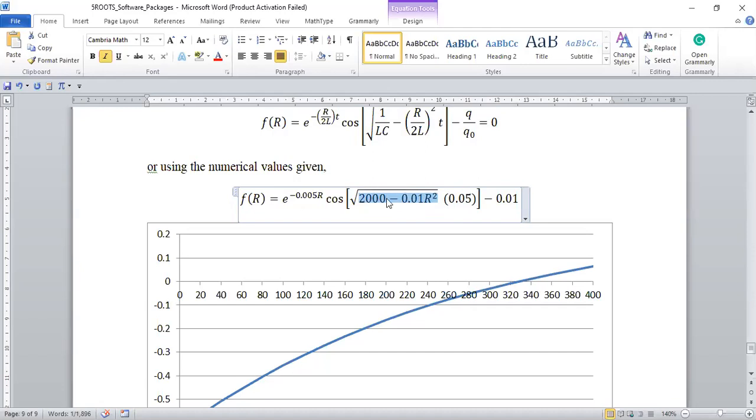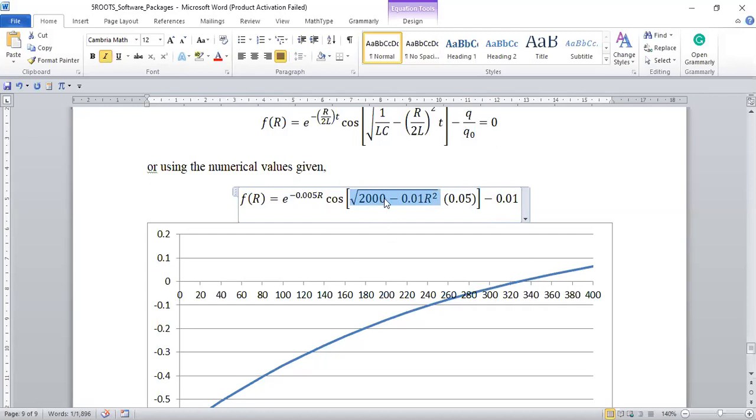So you're going to choose r between 0 and 400, because we don't want this evaluation to give us a negative, since then we'd have an imaginary, a complex number.